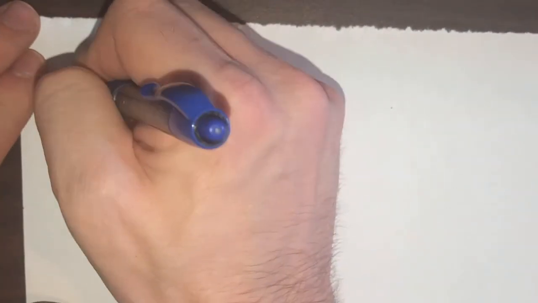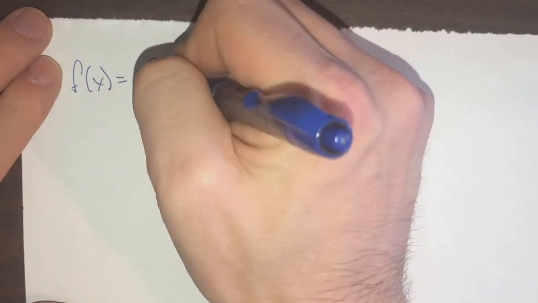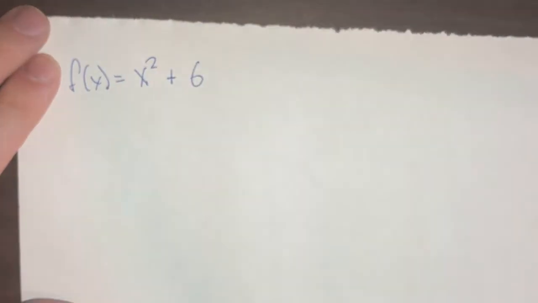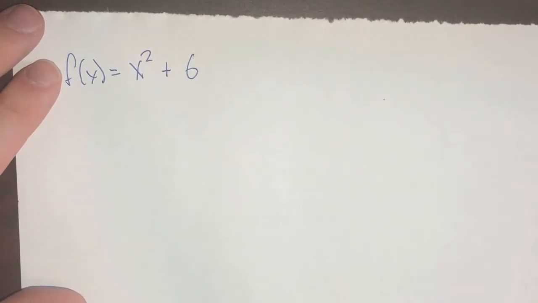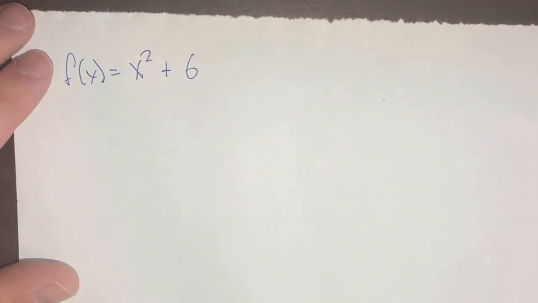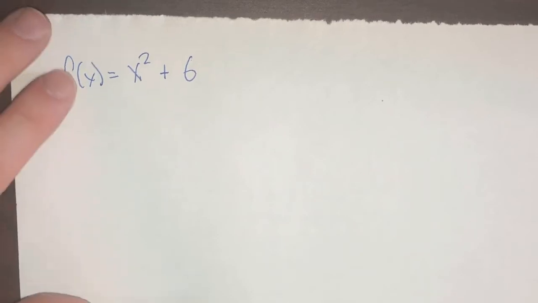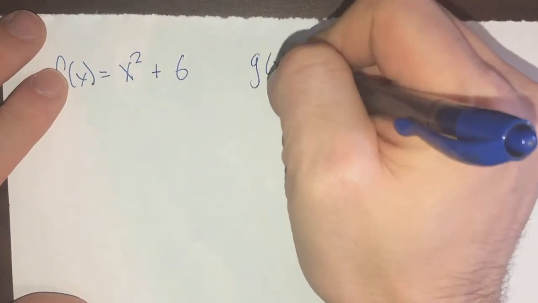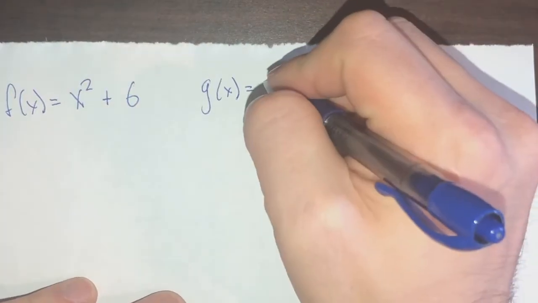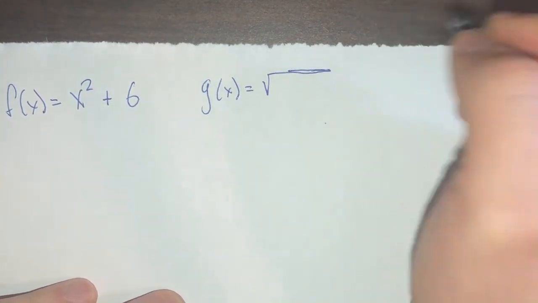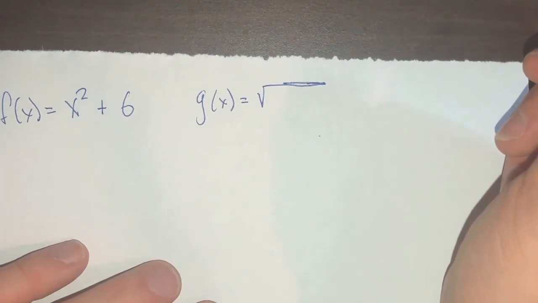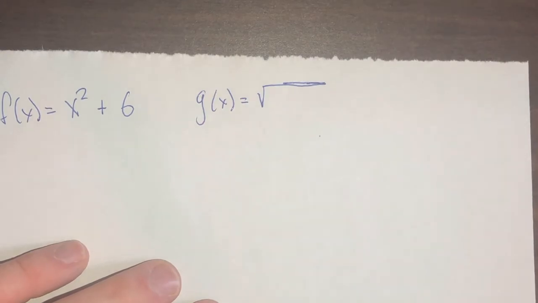And I'm going to give you a couple of quick examples of plugging in formulas. So let f of x equal x squared plus 6. And then I'm going to let g of x equal the square root of x minus 6. We haven't really talked about square root functions, but we could plug into them.